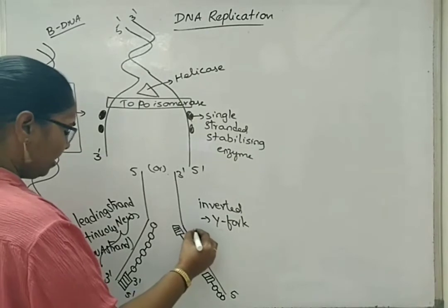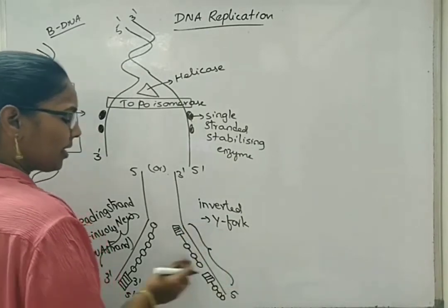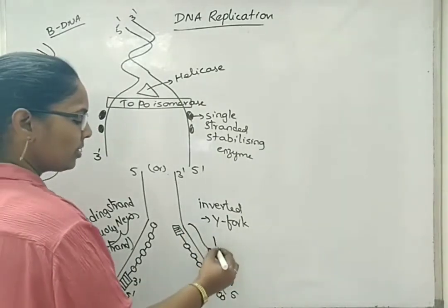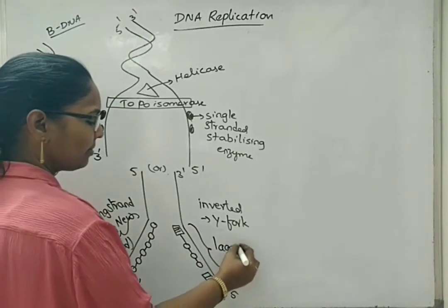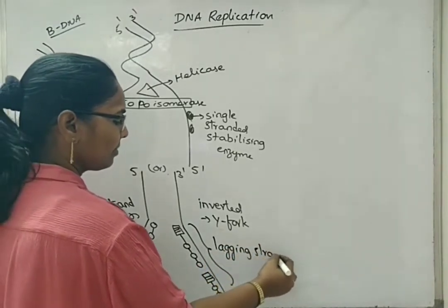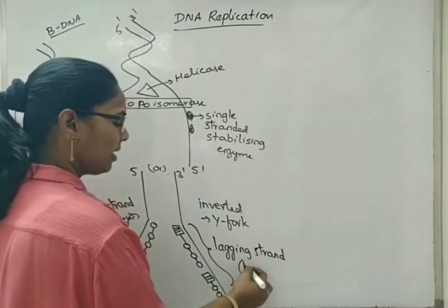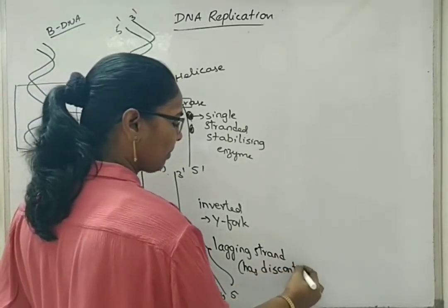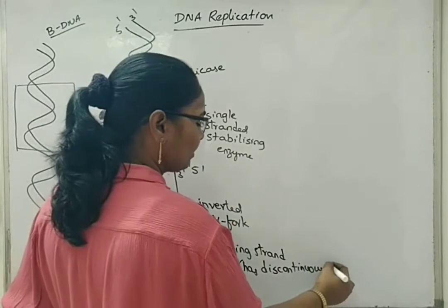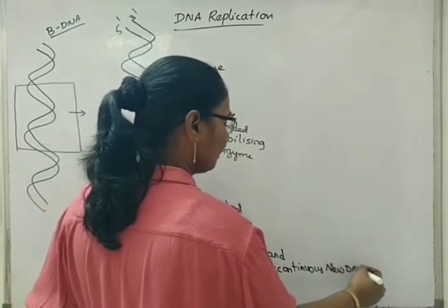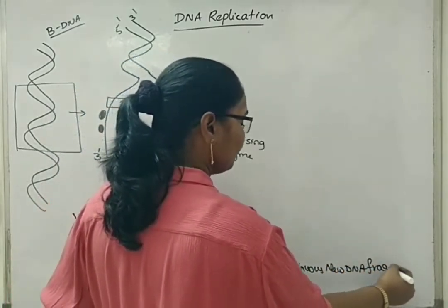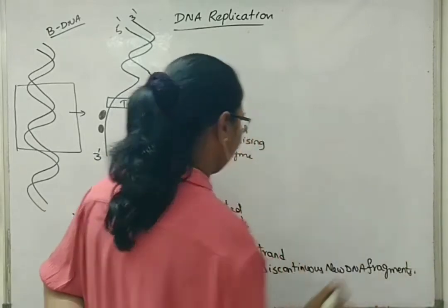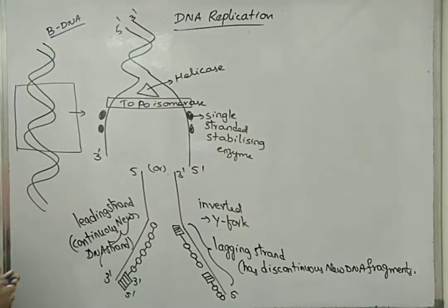Here, this is giving discontinuous strands of the new DNA. So this is called the lagging strand, which has discontinuous new DNA fragments. So this is the basic information regarding the Y fork.